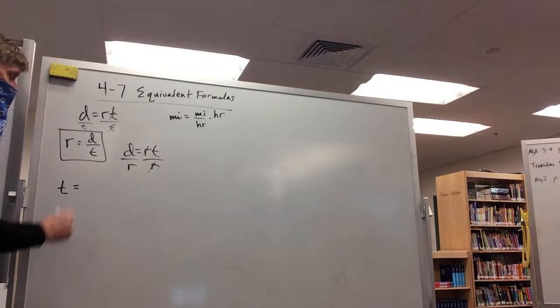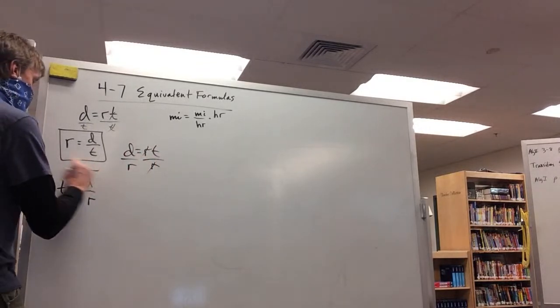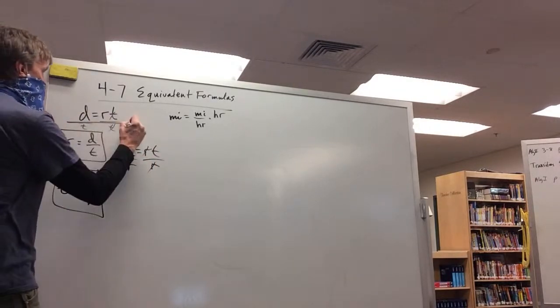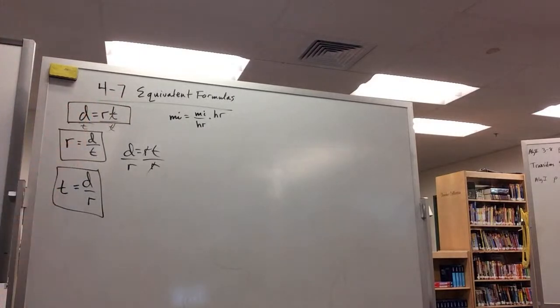Distance over rate. So here we have 1, 2, 3 equivalent formulas that involve distance, rate, and time. All we did is we used inverse operations to manipulate or change them. That's what we have to do with this lesson.